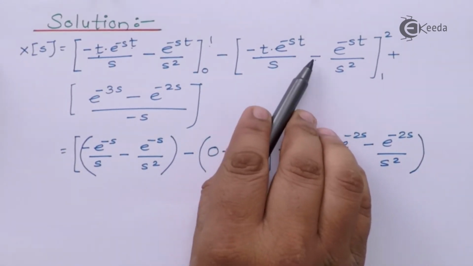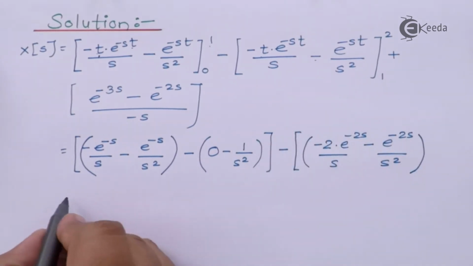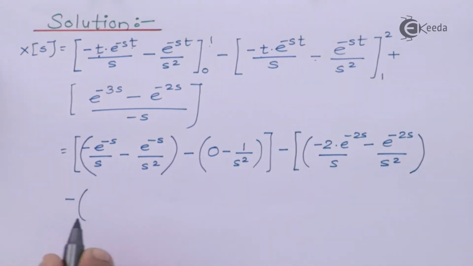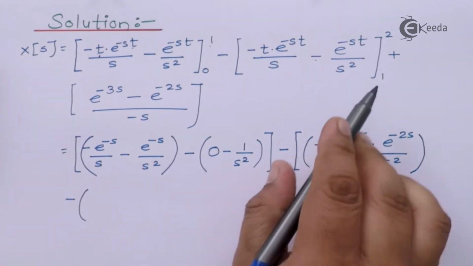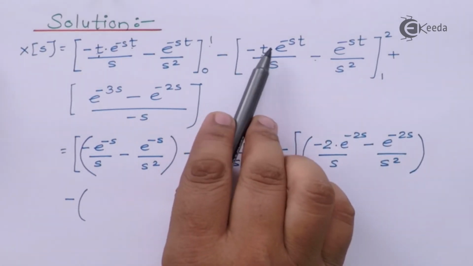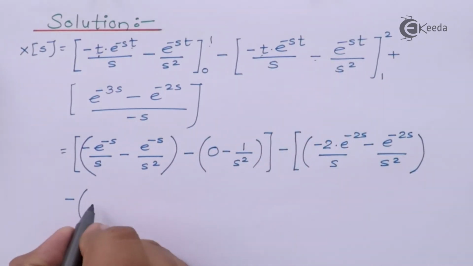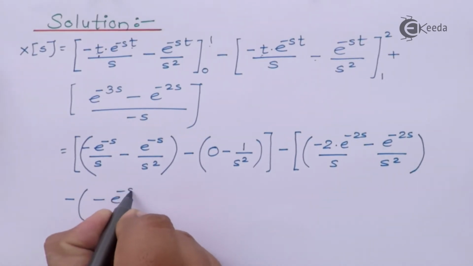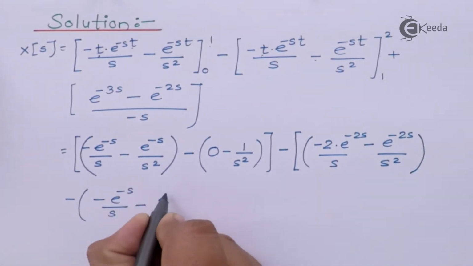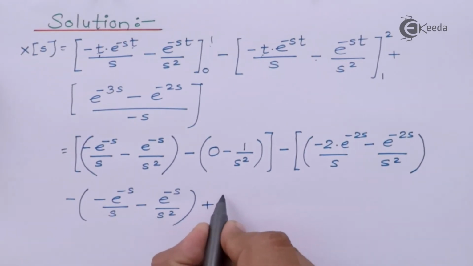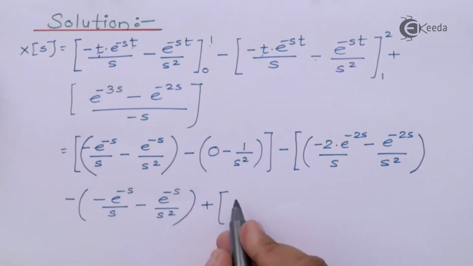Now I'll substitute the lower limit over here. Bracket is not yet completed. Now lower limit is 1, so we'll replace all this t by 1. So what you will get? Minus of e to the power minus s upon s, and in the next bracket I'll take minus sign in the numerator.